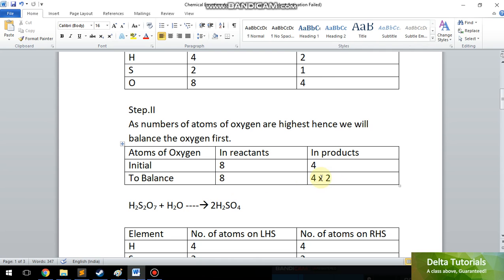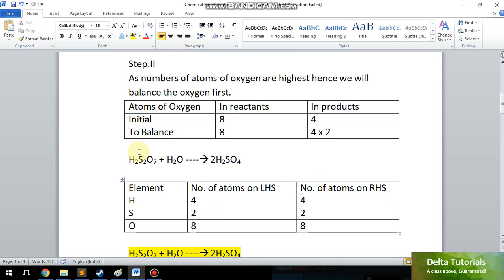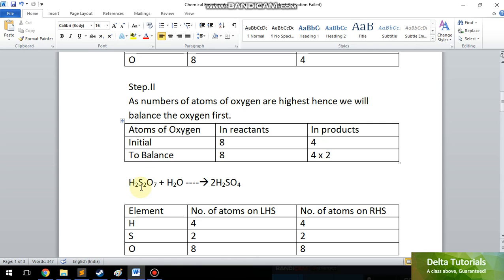So on the product side we are multiplying this 4 by 2 so that it will become 8. So now our reaction will be, our left hand side will remain unchanged because we are balancing the product side here to make the number of oxygens equal to the reactant side. So H2S2O7 plus H2O, that is water, it gives 2 H2SO4.